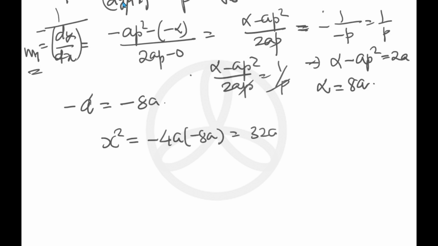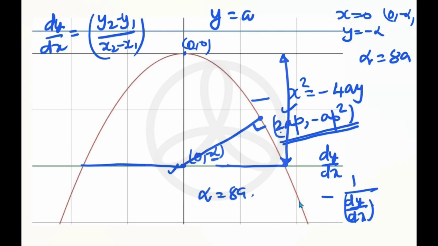This will become 32a square, and x will become 4 square root of 2a. There will be two values of x here. One will be on this side and another on this side. On this side x will be positive. We can take it here as 4 square root of 2a, and the y value will be minus 8a. On the other side it is minus 4 square root of 2a and minus 8a.